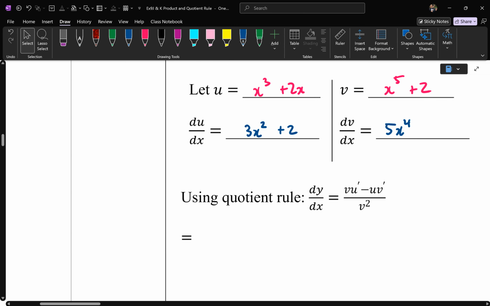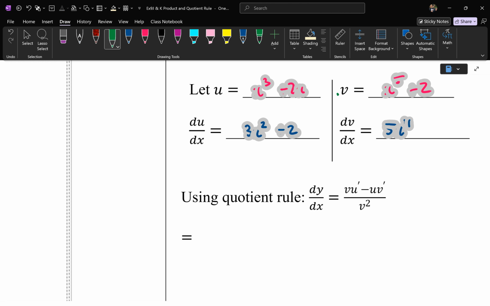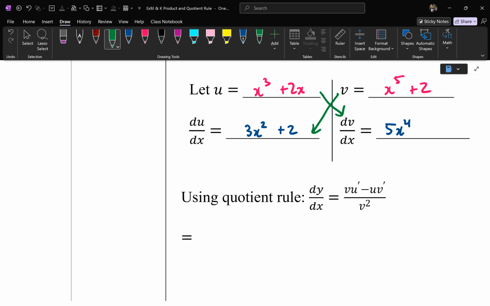The quotient rule says it's VU dash minus UV dash, so it does matter what the order is. So again, it's V times the U dash, minus U times the V dash.